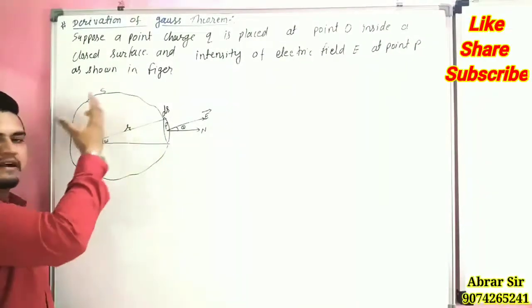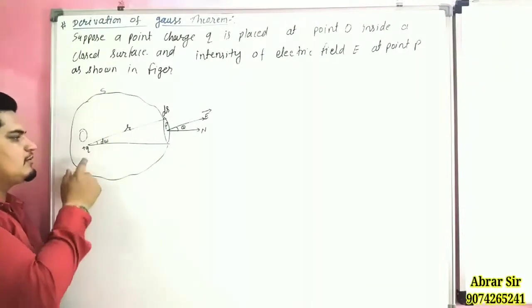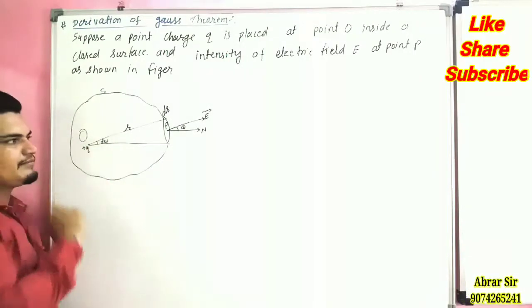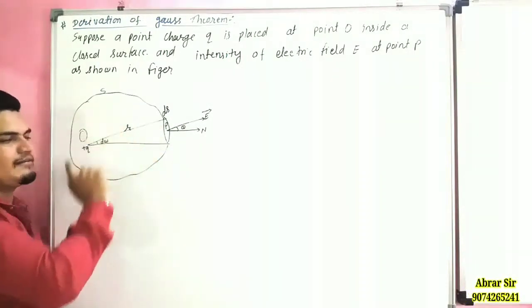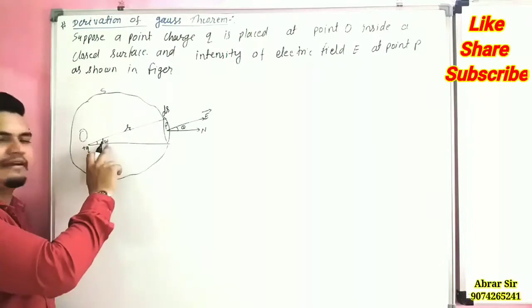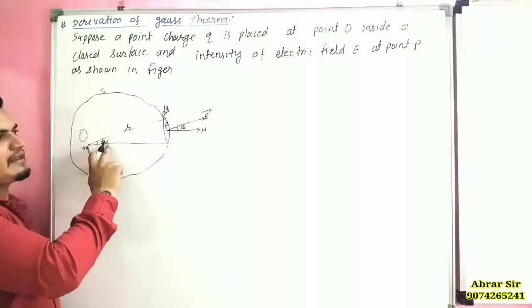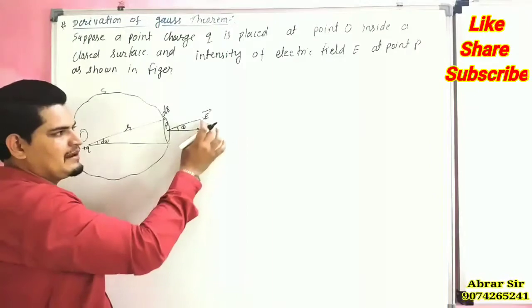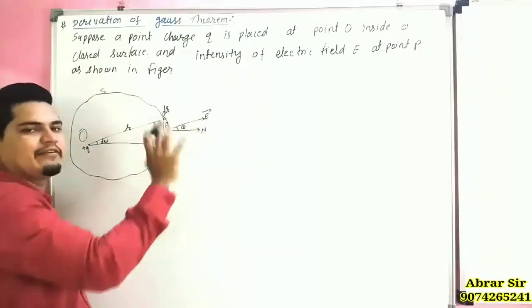Now we are considering a closed surface with charge Q present inside it, at a distance R, and we already know this is the solid angle d omega, and this is the angle between the normal and the direction of the intensity of electric field.